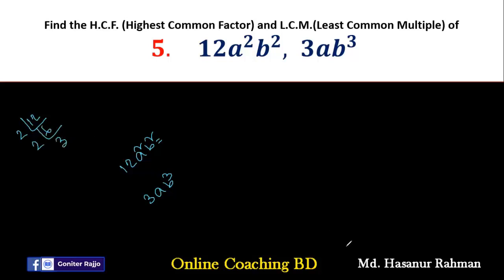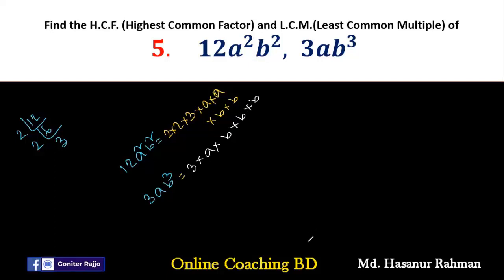So instead of 12, we can write 2 multiplied by 2 multiplied by 3, multiplied by a square means a into a, and b square means b into b. Now, what about 3ab cube? Here, 3 multiplied by a multiplied by b cube, means b will be multiplied 3 times.